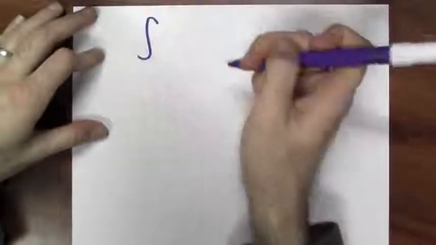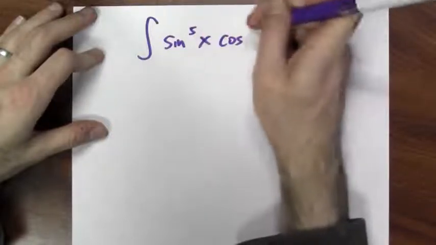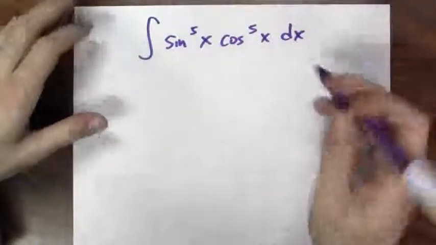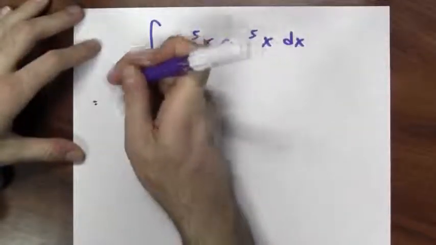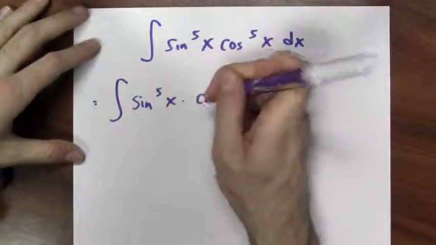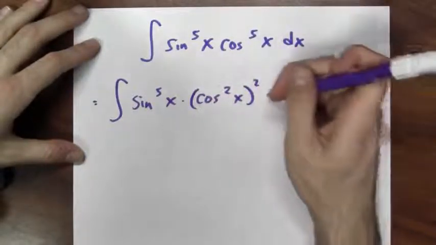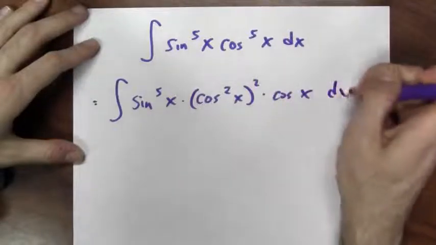And this same kind of trick works in other cases too. For example, what if I wanted to antidifferentiate sine to the 5th power times cosine to the 5th power? Since I've got an odd number of cosines, I can trade all but one of them for sines. What I mean is I can rewrite this integral as sine to the 5th times cosine squared squared times cosine of x dx.